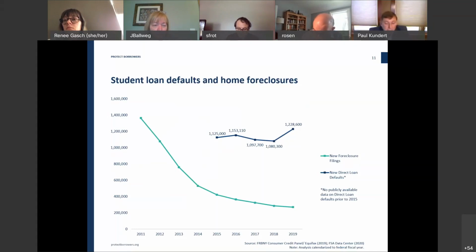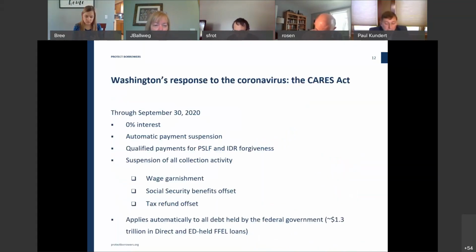So what has Washington's response been to the financial crisis? I'm going to run through some of this, but the main top-level takeaway I hope to leave you with is that there have been some overly optimistic, some concerning reports that Washington, D.C. has stepped in and solved the student debt crisis for the near future.